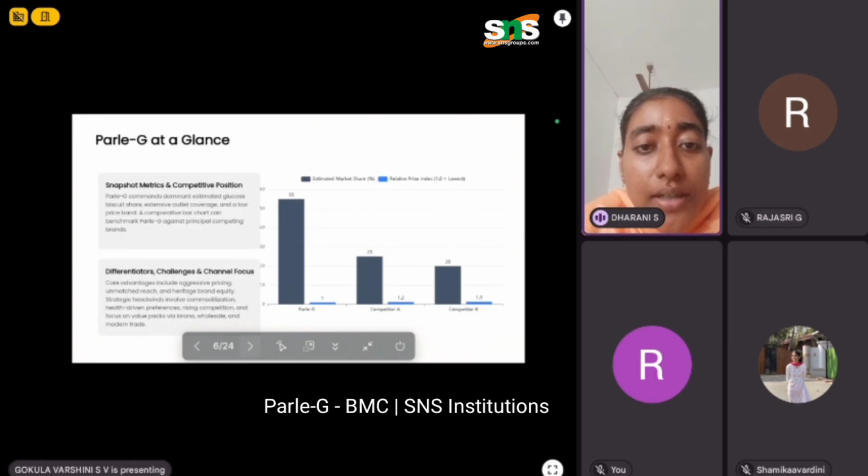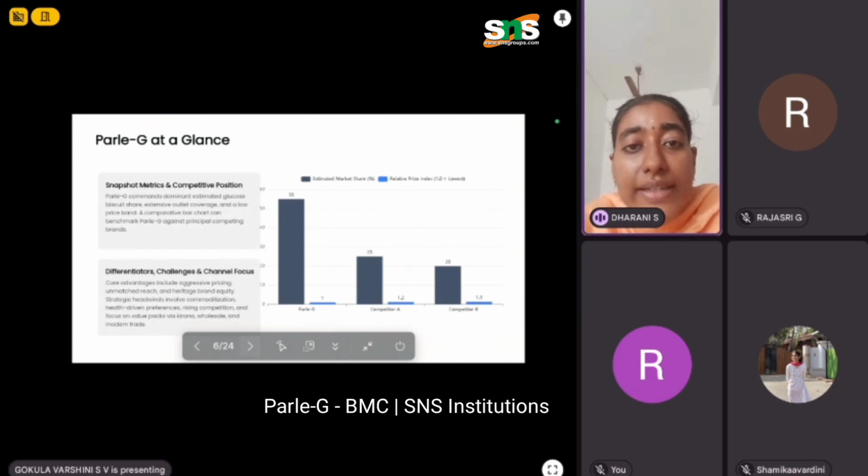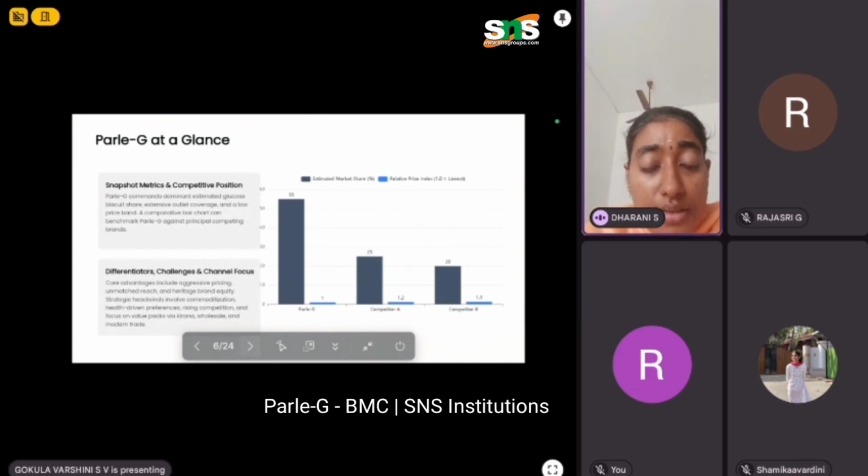Strategic headwinds involve customization and health driven preference. Rising competitors and focus on the value of the pack will increase the Parle-G branding and reaching the customers easily.